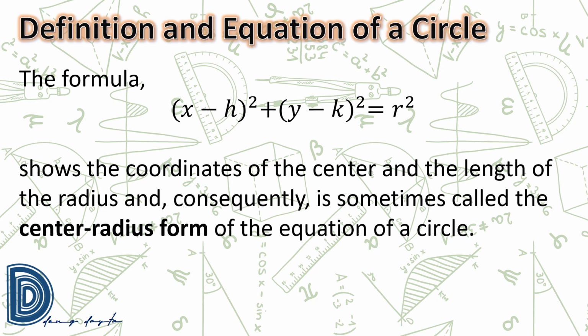This fact is evident since the equation is satisfied by and only by points whose distance from (h, k) is r. Hence, it is an easy task to write the equation of a circle whose center and radius are known, or to draw the circle whose equation is expressed in the form (x minus h) squared plus (y minus k) squared equals r squared.